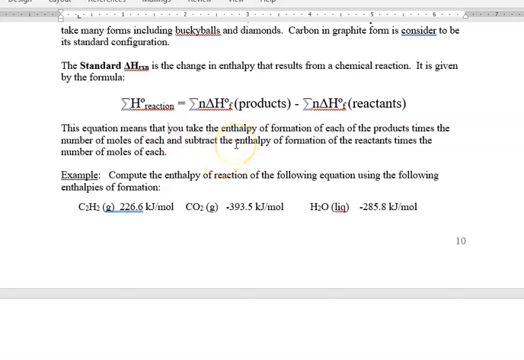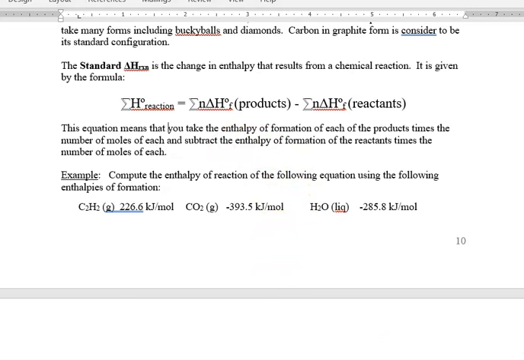And so there's the formula. So you take the sum of the delta H of formation of the products times the number of moles of each of those products you have, and you subtract from that the sum of the delta H of formation of the reactants times the moles of each of those reactants you have. That's all it is. Formula looks ugly, but when you see it done, it's simple.